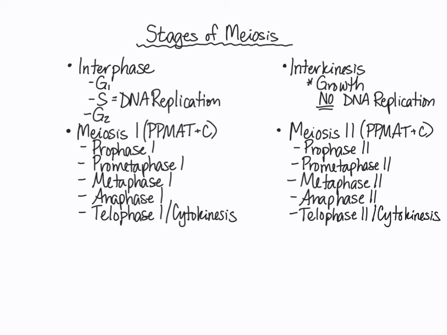Now, even though Meiosis I and Meiosis II are both rounds of cell division, different things are happening. In the previous video, we looked at Meiosis I, and the key thing that happened during these phases is that the homologous chromosomes separated.